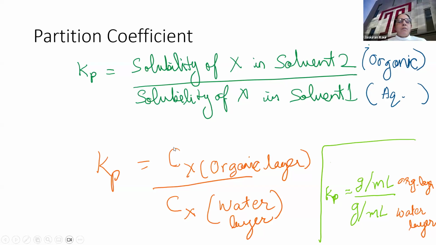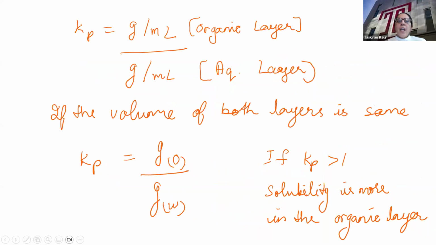You could use molarity or any form of concentration, but to make it simple, we're just saying grams per mL: how many grams or milligrams per mL in the organic layer and how many in the aqueous layer. Now, further to simplify this, in this experiment you would use 1 mL of both the organic layer and the aqueous layer. And since the volume here is 1 mL and here is 1 mL, they're both the same.